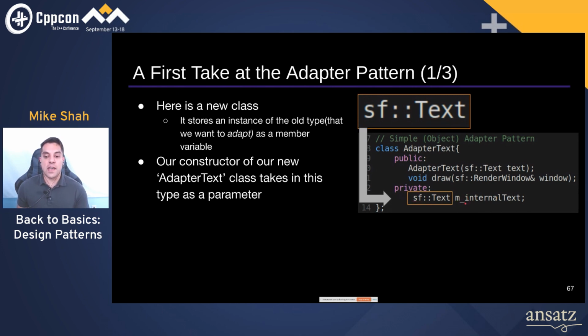I'm just going to call it m underscore because it's a member variable and the internal text. Okay, so here we're making use of composition, taking some other object and storing it in another. And inside of our constructor, it's going to take a text object as its input. That's the sort of adaptation, what I'm feeding into the adapter. Okay, that's right here.